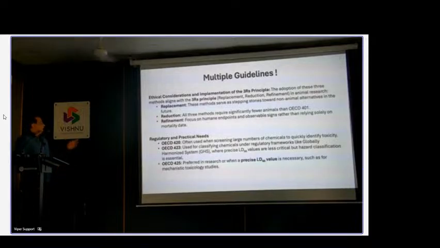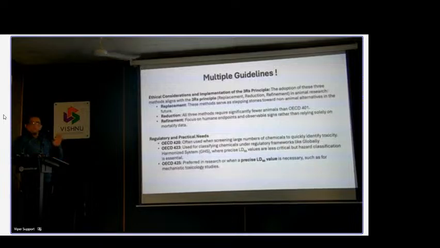And for the regulator, as I said, of these three guidelines, 420 is actually used to screen a large number of chemicals for quick understanding of the toxic level. Whereas 423 is used for classifying chemicals under the regulatory framework, like the GHS classification. You conduct this study, and I'll discuss more details of that, but you end up classifying the chemicals.